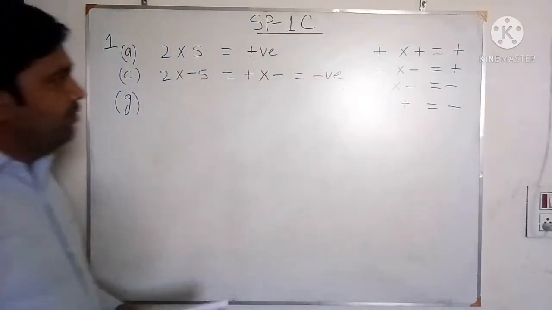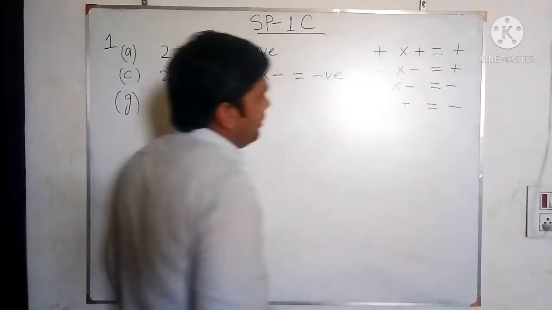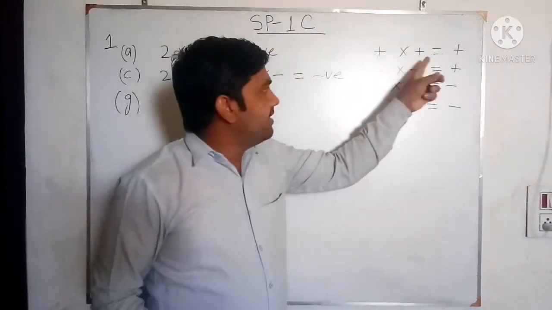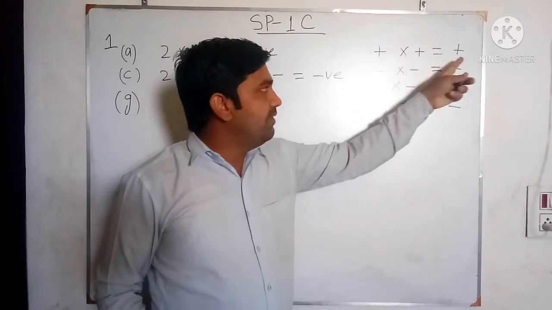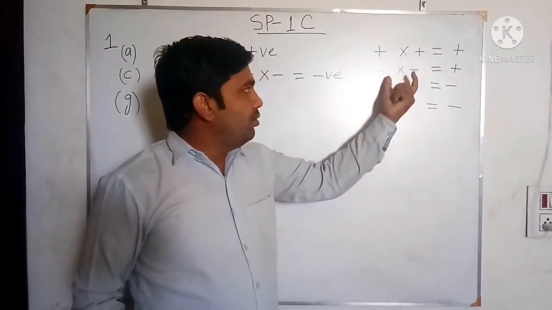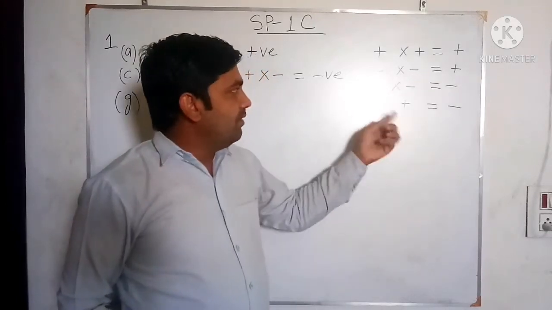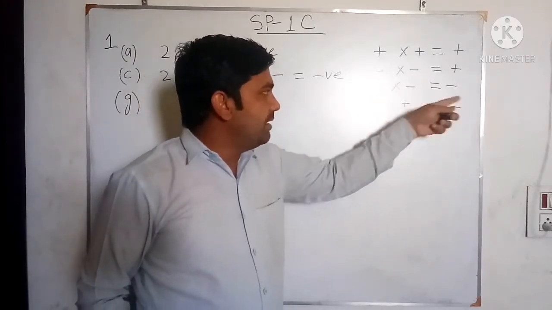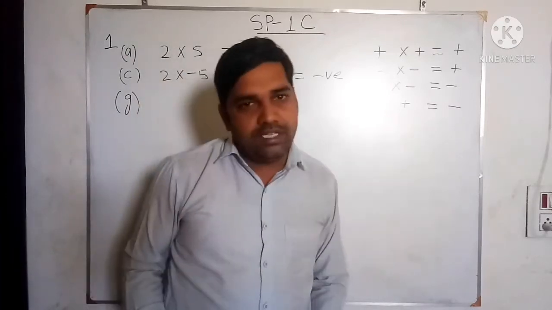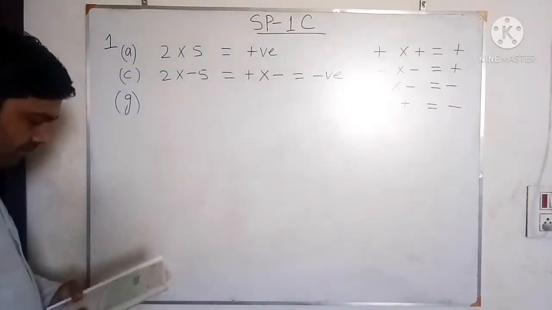So that rule we have to keep in our mind. The product of two like signs, plus multiply plus, gives you plus. Minus multiply minus will give the plus. And the product of two unlike signs, plus multiply minus, gives you minus. Minus multiply plus gives you only minus. So the product is negative.